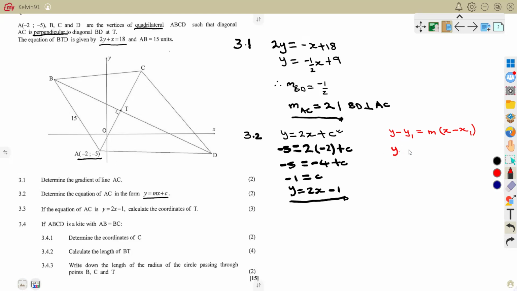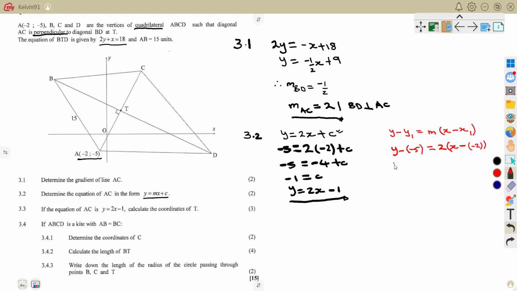So it's going to be y minus the y coordinate that we know, which is minus 5. That must be equal to m, the gradient of the line AC, which we determined to be 2 here. Then x minus the x coordinate of the point that we are using, which is minus 2 there.